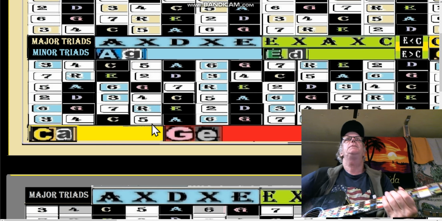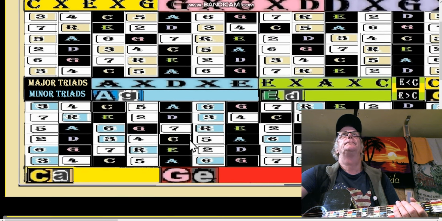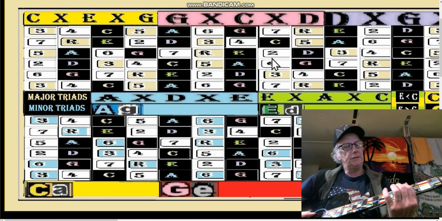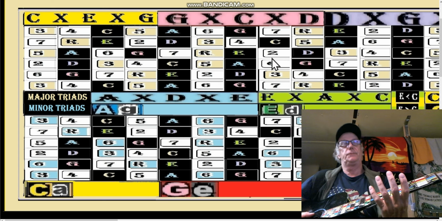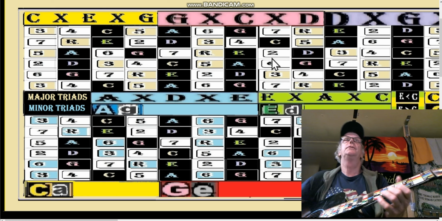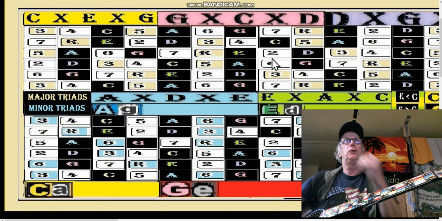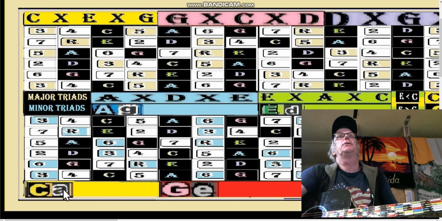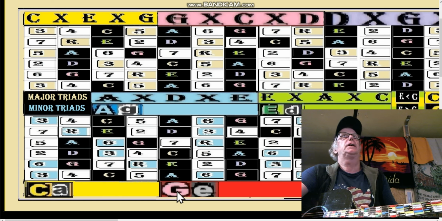In the C box, the C major arpeggio goes 3, 5, root, 3, 5, root, 3, 5. Then that Aeolian is an A minor shape. So here's your C major, C, C right there, G, G right there, and then A right there. What we've got is an A minor shaped sixth, a familiar chord.